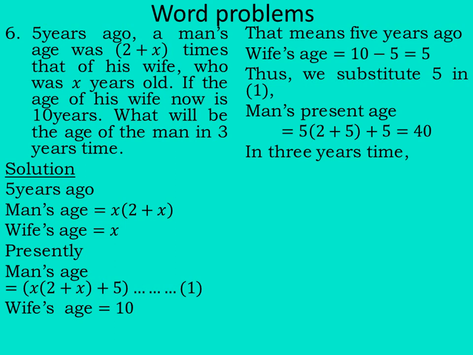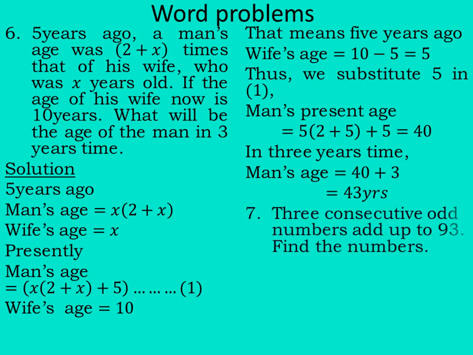Now in 3 years' time, the age of the man will be 40 plus 3. So the man will be 43 years old in 3 years' time.